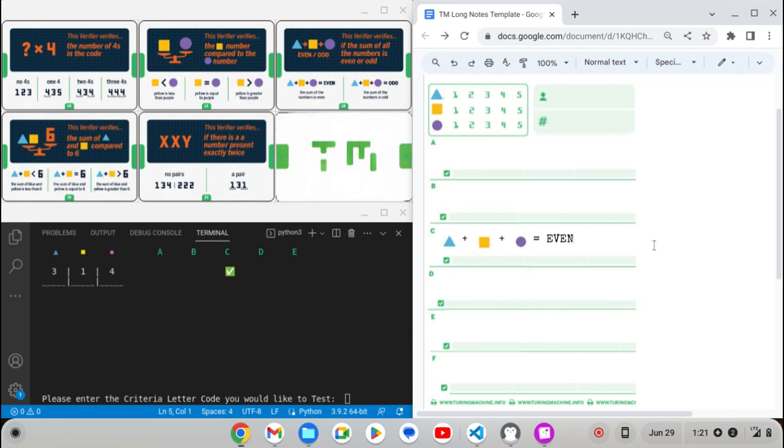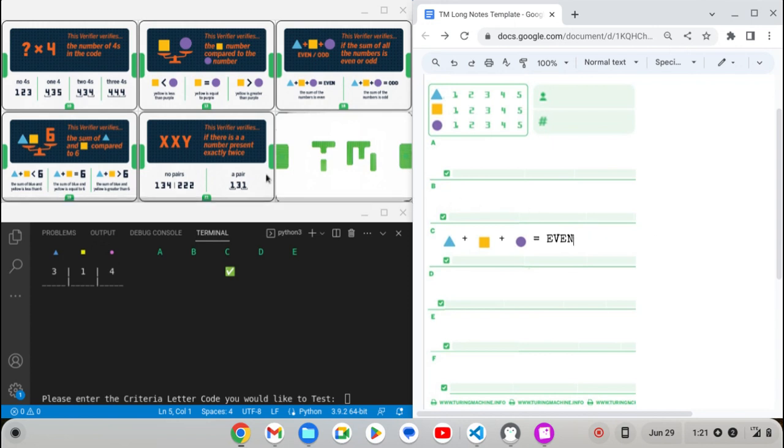So in both of those scenarios, either all 3 are even, or I've got 2 odds and a single even. So at least I'm guaranteed to have at least 1 even. And so that's kind of what we have so far.